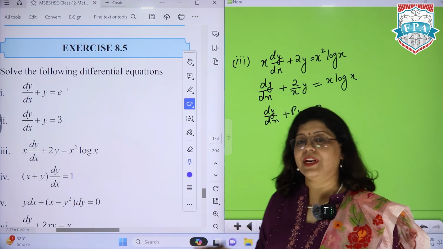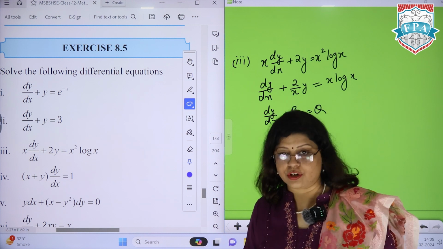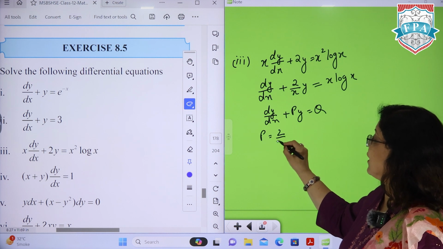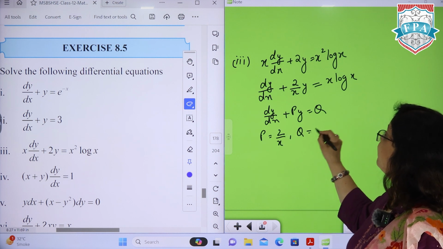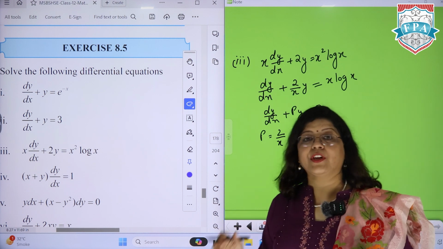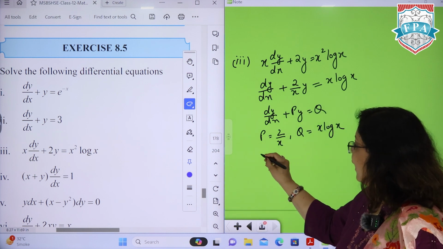Here we can write a statement: on comparing with the linear differential equation. So when we compare, p is equal to 2 by x and q is equal to x log x. So the first step for this particular question is to find the integrating factor. Let's calculate that.